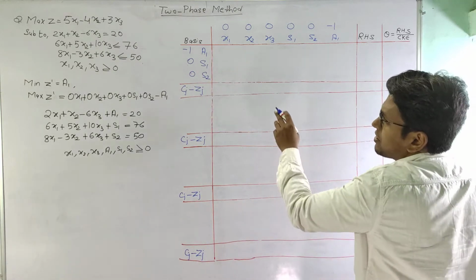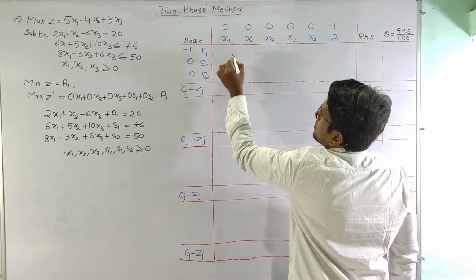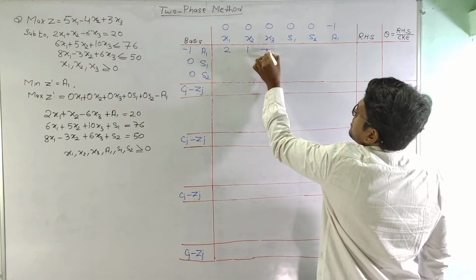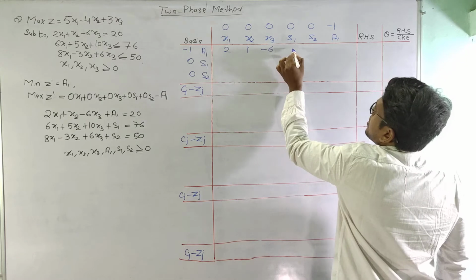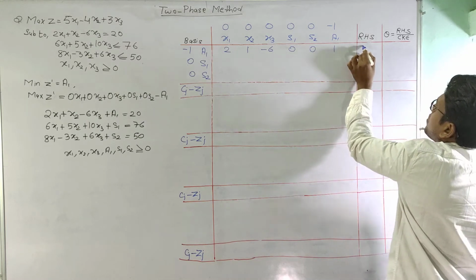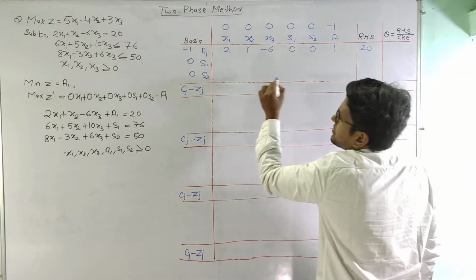Now we write the constraint coefficients, which are 2, 1, minus 6, 0, 0, 1 equal to 20.